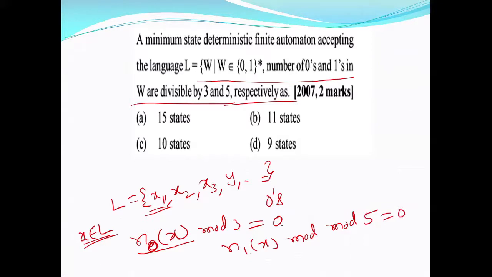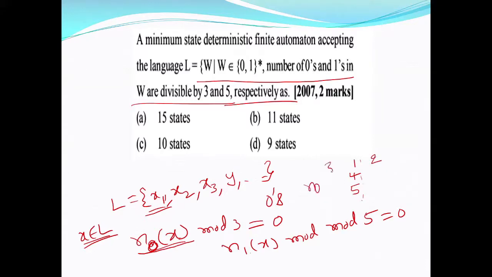If you look at this, the number of zeros in x will be divisible by 3. If it is not divisible by 3, you may have the total number of zeros as maybe 1 or maybe 4 or maybe 5 or maybe 7 and so on. The remainder is 1. If the remainder is 2, then you get the total number of zeros.